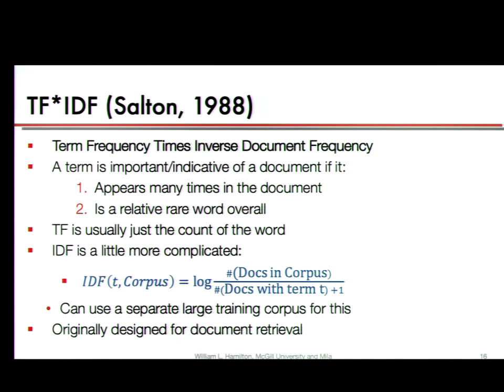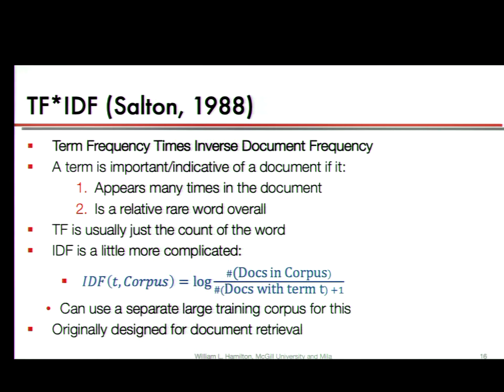In particular, the TF part of this TF times IDF is just how many times this word occurred in the document. The IDF, the inverse document frequency, is a little bit more involved, but it's basically the logarithm of how many documents are in the corpus divided by documents with this term, and then we add 1 so we don't have a divide by 0.